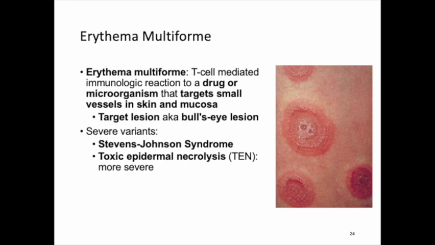And TEN is the most severe. You can see with erythema multiforme, which is more minor, and this is the picture that you're seeing there. You see the central clearing, and it does really look like a target or bullseye.